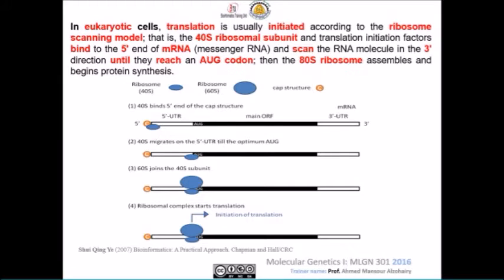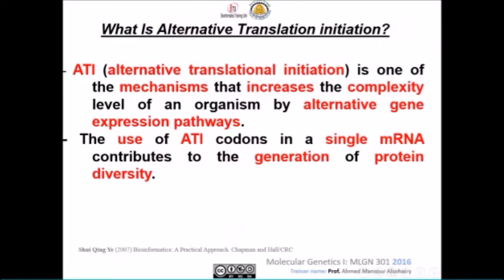The normal translation is that the smaller ribosome unit will follow the scanning model, and then this scanning model goes until it reaches the AUG, and when it reaches the AUG, the bigger ribosomal part, 60S or 80S depending on the organism, will be attached and the initiation of the translation starts from here. So what is alternative translation initiation? This means that this translation initiation model could be different.